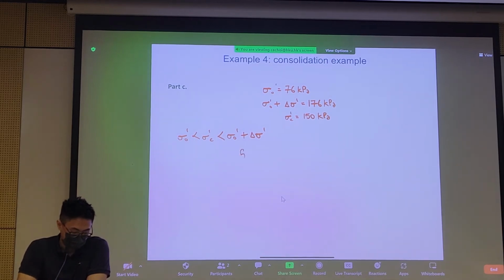And this would probably raise a red flag to you that we need to combine the calculation of the settlement for rebounding and virgin compression. Again, this expression is derived in 3 or 4 slides ago, so if you're not sure where this is from. Otherwise, it's a linear equation for 2 lines combined together.